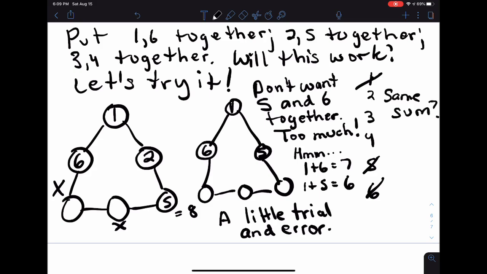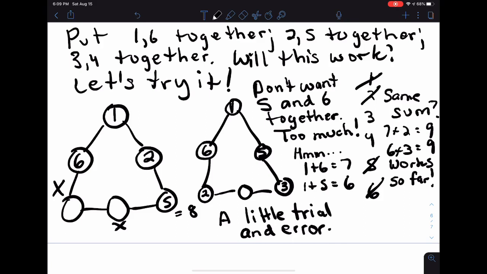Maybe if I do 7 plus 2 and 6 plus 3. So put a 2 here, a 3 here. Works so far. So then how about if I did that, so the 2 and 3 are used. So now if I put 4 here, 2 plus 4 plus 3 also equals 9.